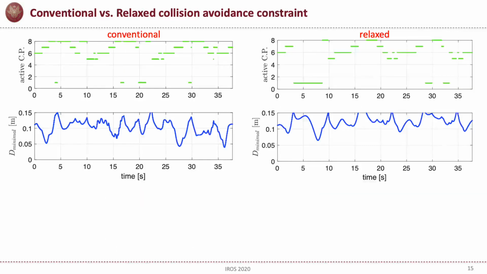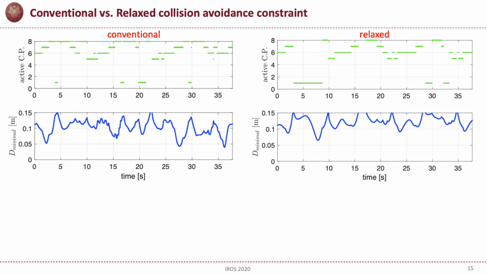Then we compare the performance of the 3-dimensional and 1-dimensional avoidance tasks. Using the conventional 3-dimensional repulsive definition, the robot gets closer to the obstacles more frequently than with the relaxed definition. This happens because the 3-dimensional avoidance task pushes the robot to move farther away from the current closest obstacle.